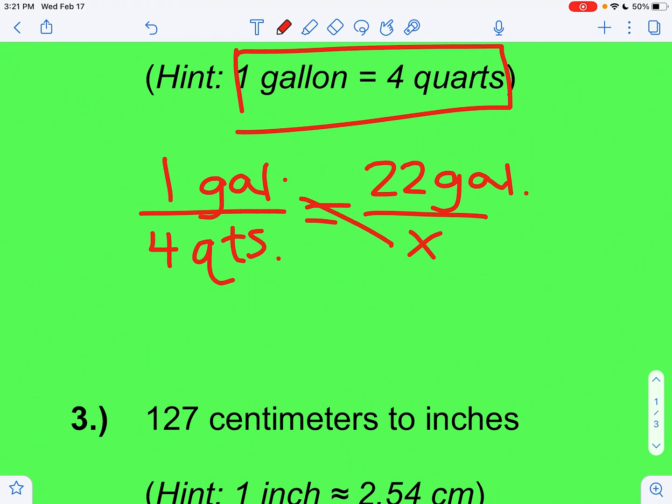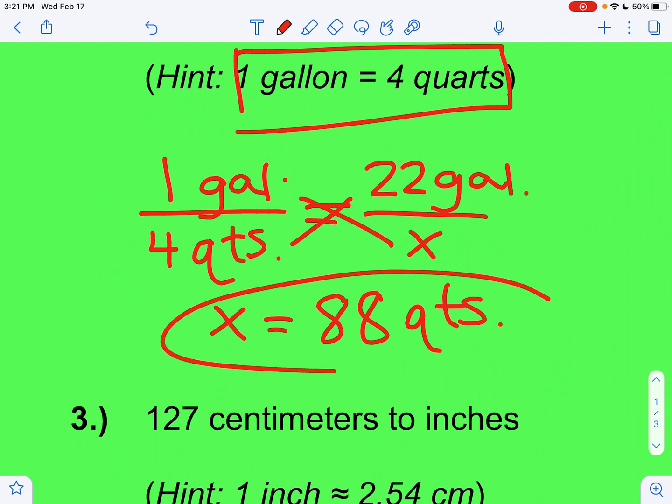We cross multiply. 1 times X is really just X. I'm going to open up my calculator and type this out. Then we take 4 times 22, which gives us 88. So X is 88: 88 quarts is in 22 gallons. And that is your answer.